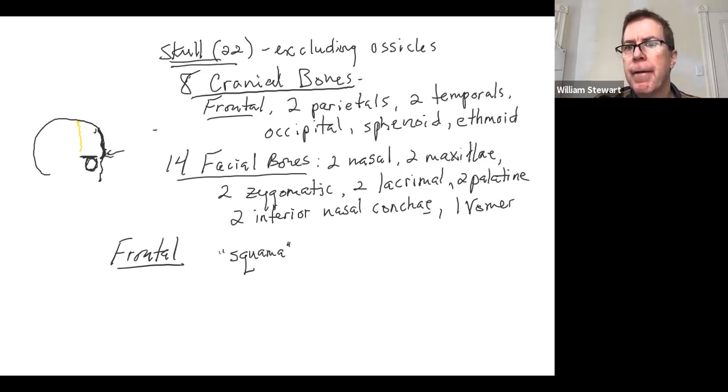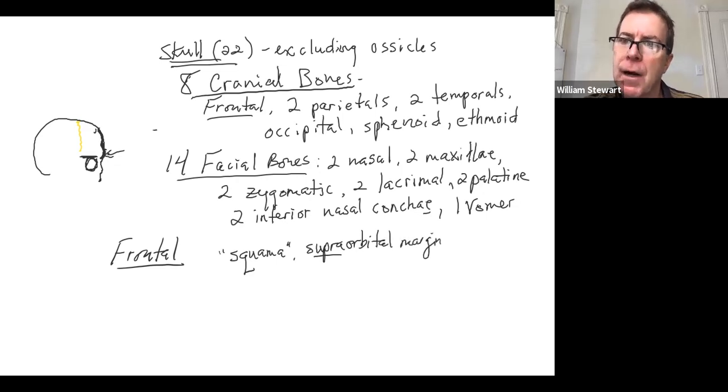So the squama and supraorbital, supra means above, orbital means eye socket. Supraorbital margin is basically the thickening where our eyebrows are of that forehead part. There's also a foramen in there called the supraorbital foramen.